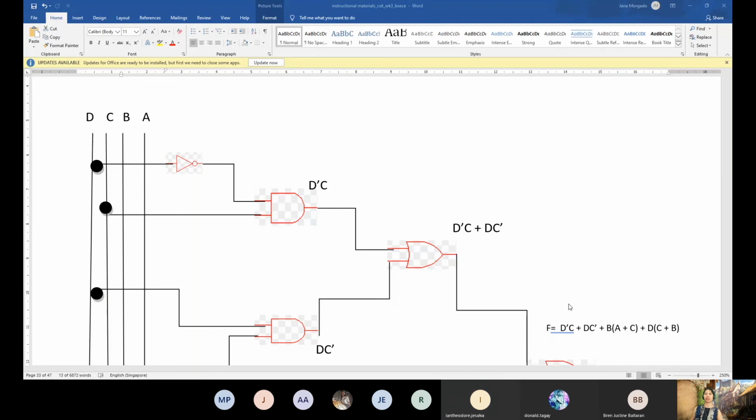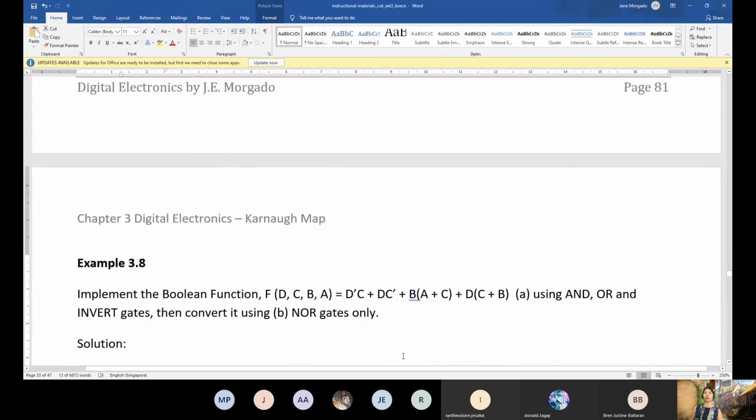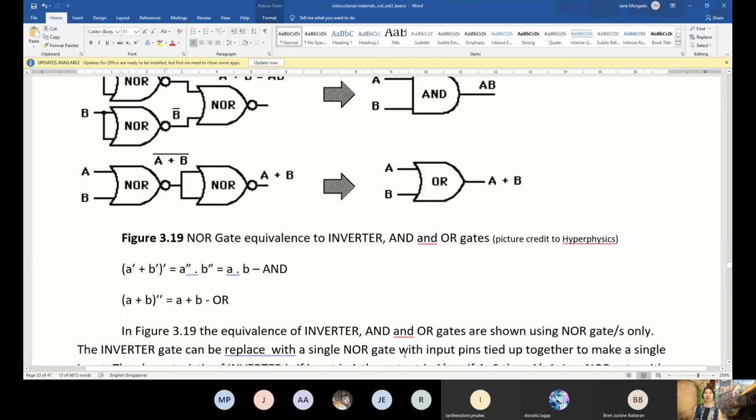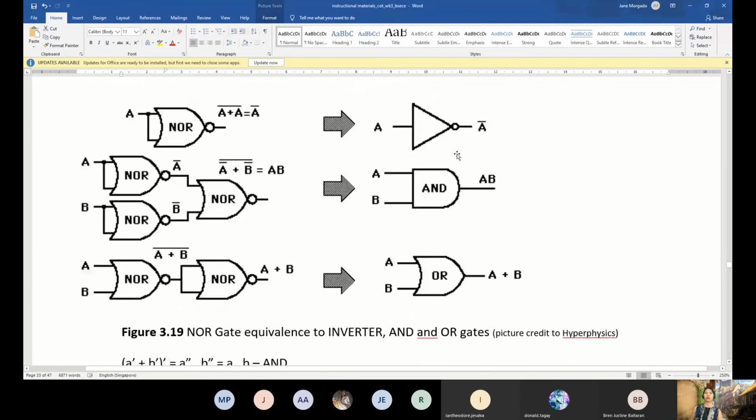Okay, so conversion. We need to convert each gate into its equivalent in NOR gate. We have to convert the inverter into this one: a NOR in which the inputs are tied up. If the inputs are tied up, it is an inverter.